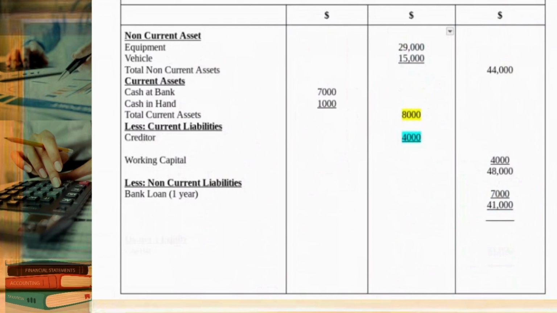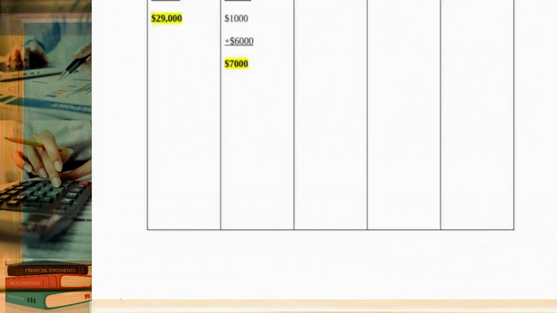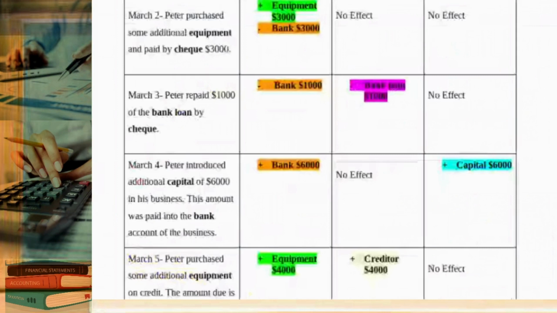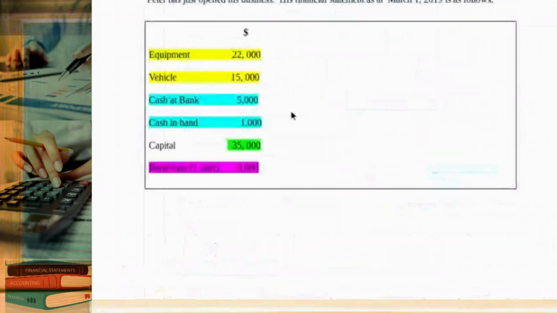So now we're going to move to our owner's equity. So that's a new heading. So owner's equity, and capital would be recorded right here. And the capital figure would be, so originally it was $35,000.